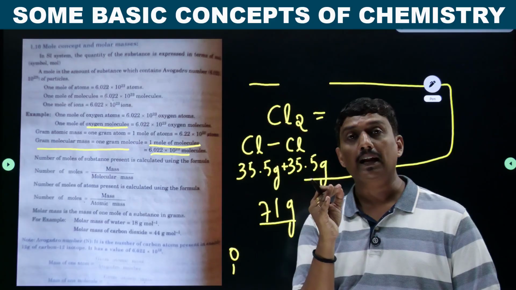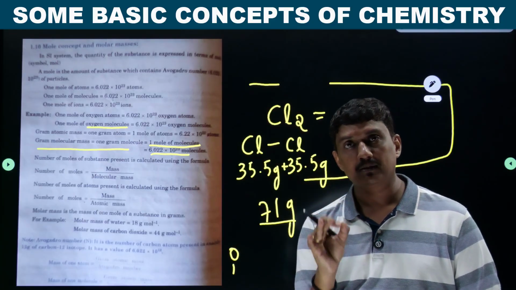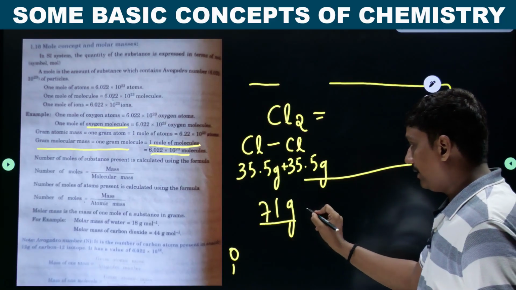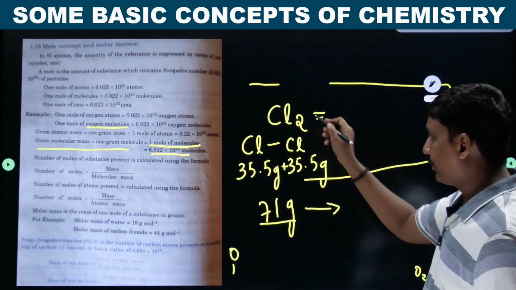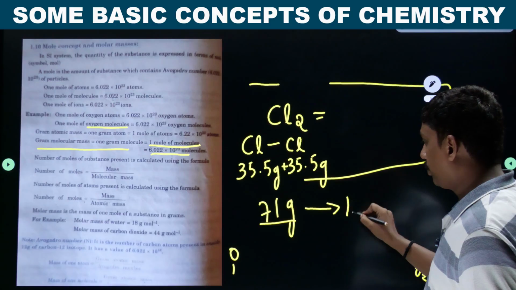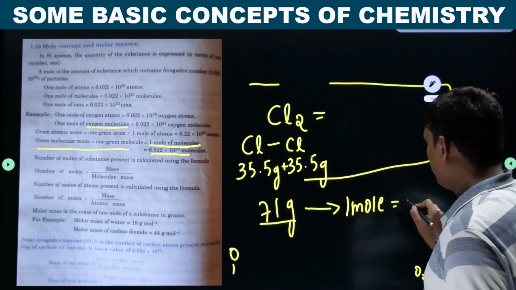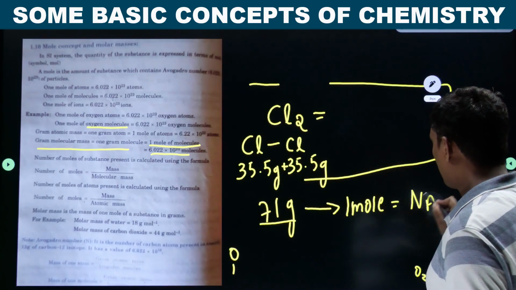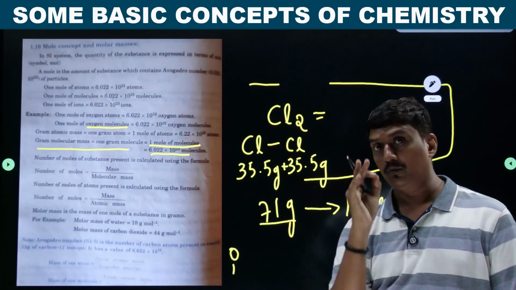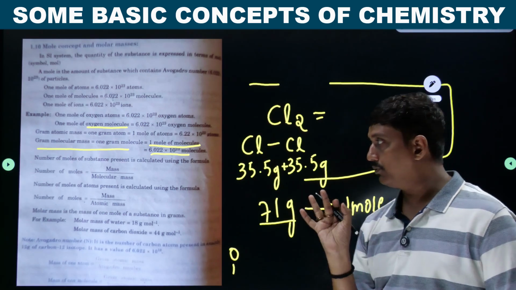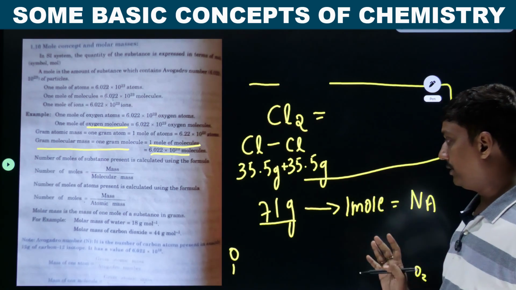It is the gram molecular mass of the chlorine molecule. If you take 71 grams of chlorine, which is equal to 1 mole, this 1 mole is equal to Avogadro number. This conversion factor is very much required. Be careful and learn properly.